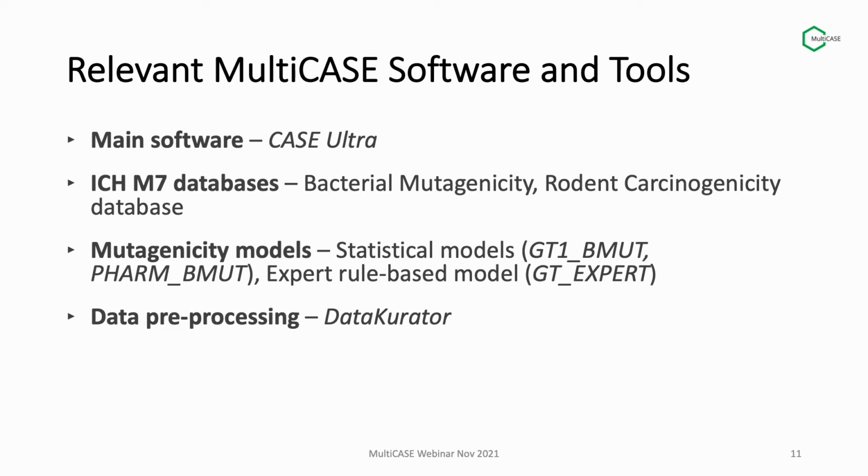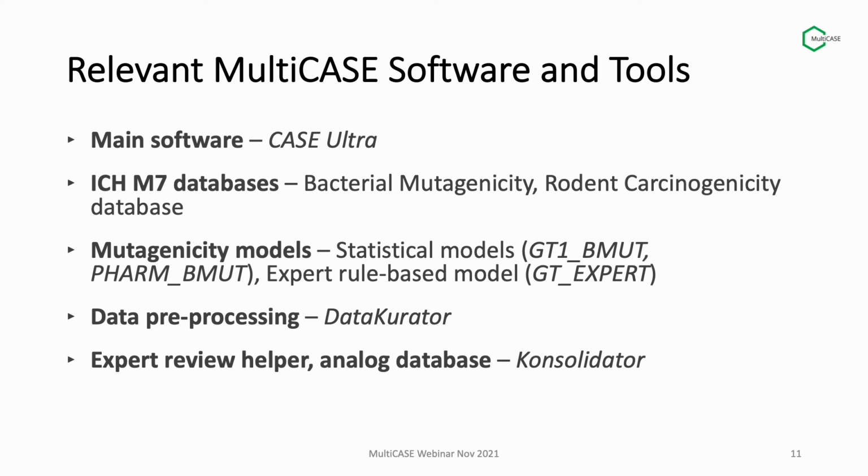Now, for data pre-processing, which I just talked about, we have a very good tool inside CASE Ultra called Data Curator that can be used for everything that I talked about, like removal of salts, finding and treating mixtures, neutralizing charge, and so on.